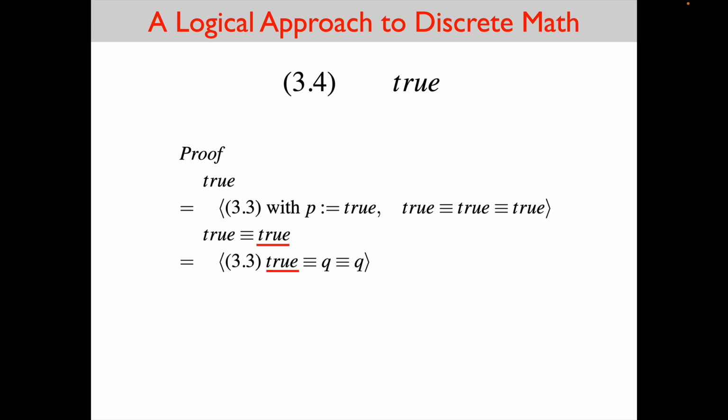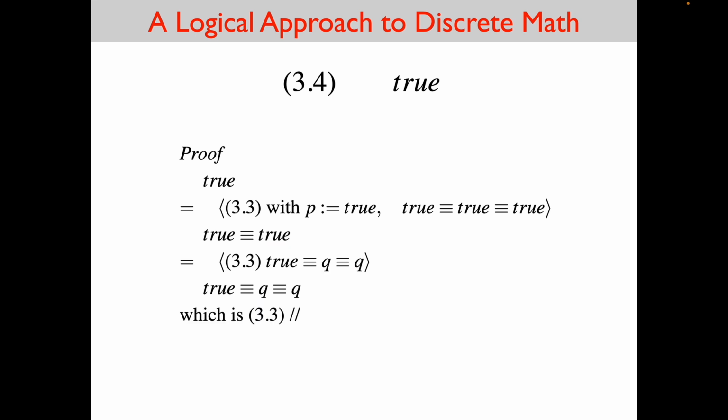Do you see that in this line of our proof we have true equals true, and we are going to take that second true and replace it with Q equals Q, because 3.3 says that true equals Q equals Q. So we bring down that first true equals, and then the true that's underlined in red, we substitute equals for equals, and we replace that with Q equals Q. Are you with me?